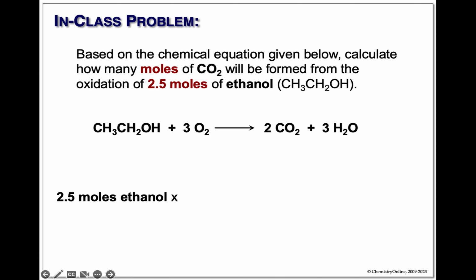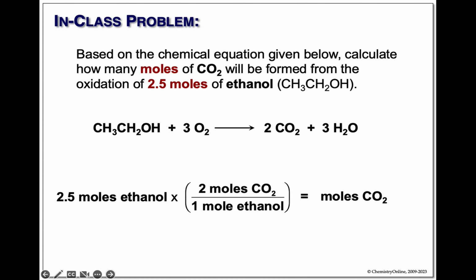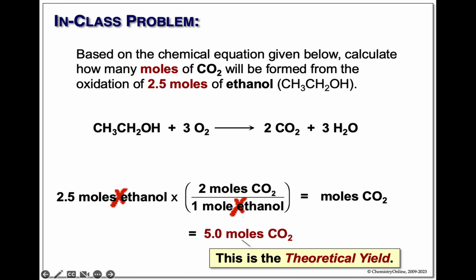Our ratio comes next. It is set up so moles of ethanol will cancel. Simply do 2.5 times 2 divided by 1, 5 moles of CO2. That is the theoretical yield for this reaction. Simple concept.